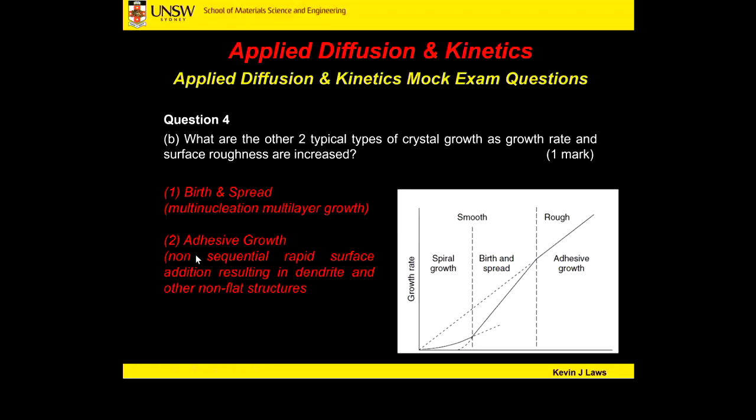And then we have adhesive growth. Okay, so this is non-sequential, rapid surface addition resulting in dendrite and other non-flat structures that we see. All right. Okay, so again, this one's only worth 1 mark, so basically it's a 1-word answer, half a mark each for those 2 different regimes.